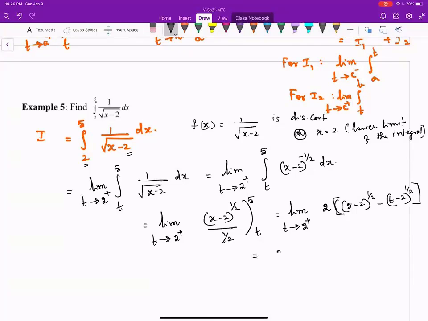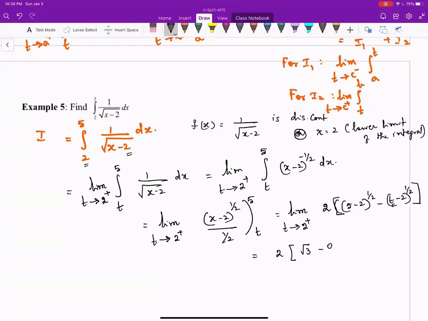So now it is 2 times the square root of 3, since 5 minus 2 is 3, and 3 to the power 1 half is the square root of 3. Now, t is replaced by 2 plus, which means a value more than 2, so t minus 2 is close to 0.